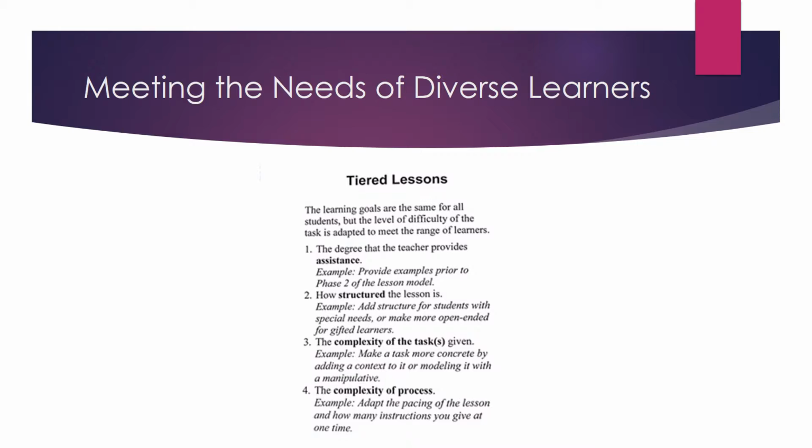Now, to meet the needs of diverse learners, your book suggests that there are tiered lessons. Basically, the learning goals need to be the same for all the students, but you sometimes have to adapt the level of difficulty for the task. And the book suggests that you can adapt the amount of teacher assistance that is provided.